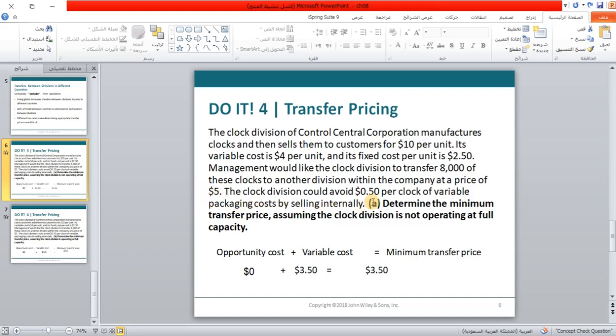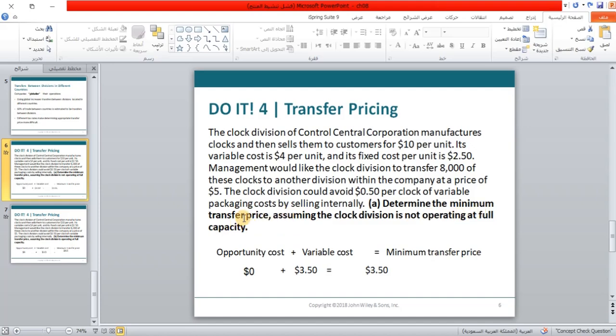The clock division could avoid $0.50 per clock of variable packaging costs by selling internally. As we noticed in the previous recording, variable cost for internal sales may be higher or lower. In this case, the variable cost is less by $0.50 because we avoid packaging cost when selling internally.